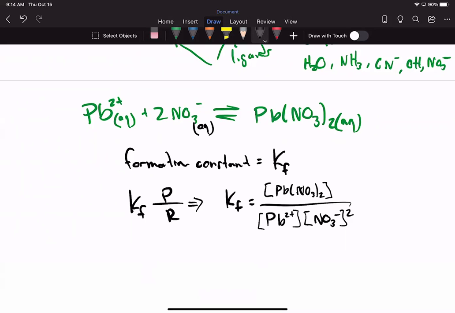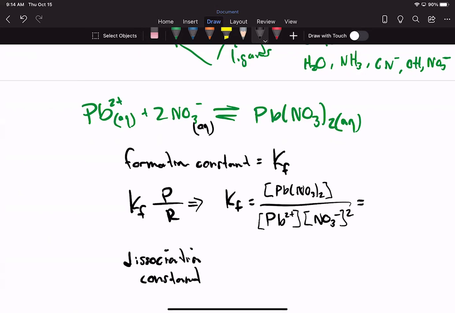And this is actually equal to, because if we have a formation constant, we're also going to have a dissociation constant. And it is just simply the inverse value.